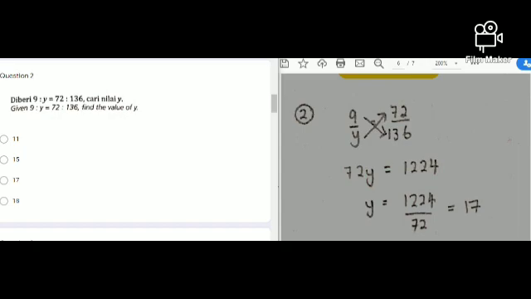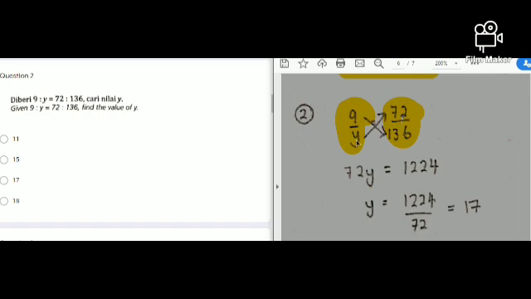Question number 2. Given 9/y equals 72/136. Okay, in the videos before, I told you that we can also write a ratio in the form of a fraction. So you just change it to the fraction form like this, with 9/y and also 72/136.